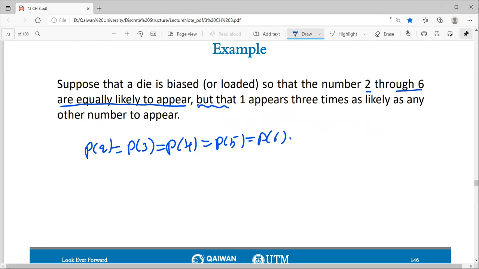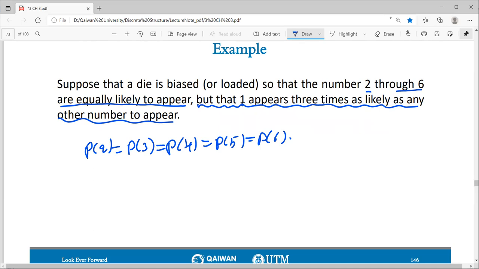But 1 appears 3 times as likely as any other number to appear. That means the probability of 1 is 3 times the probability of each of the others.